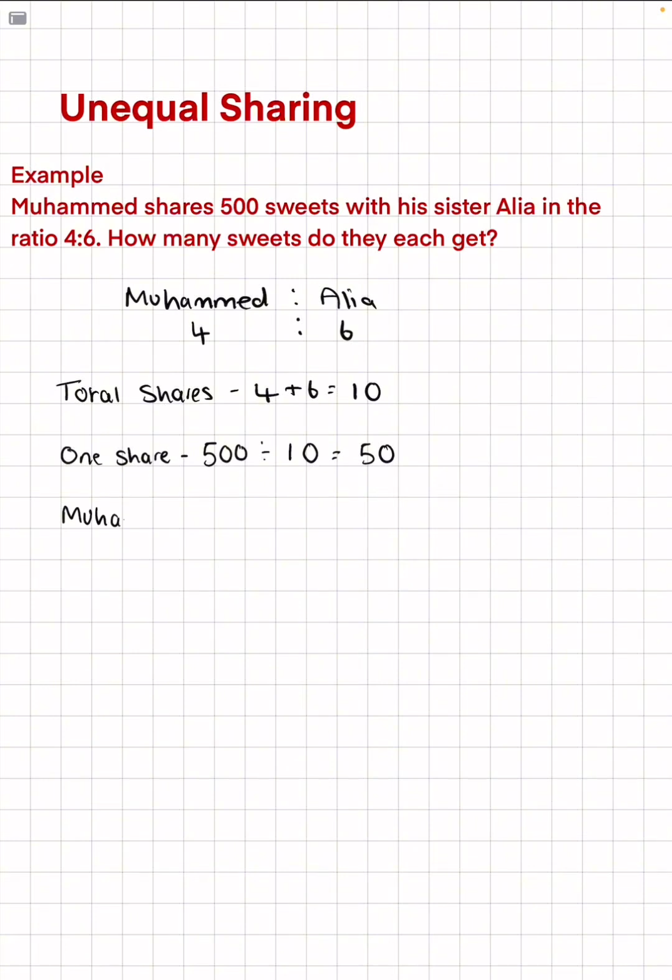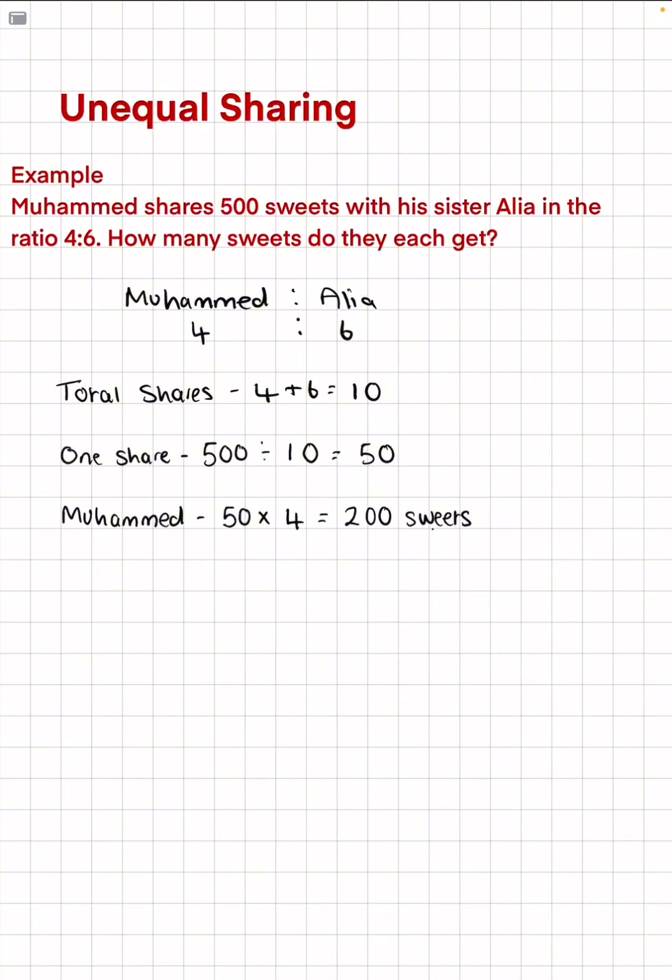To work out how many sweets Mohammed gets, we're going to multiply the value of one share by the number of shares Mohammed gets. So 50 multiplied by 4 is 200 sweets.